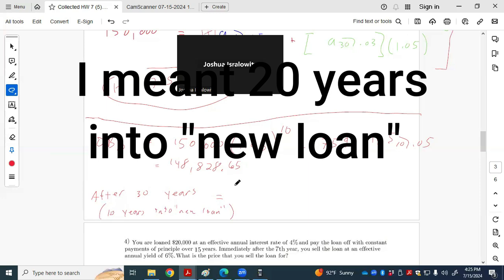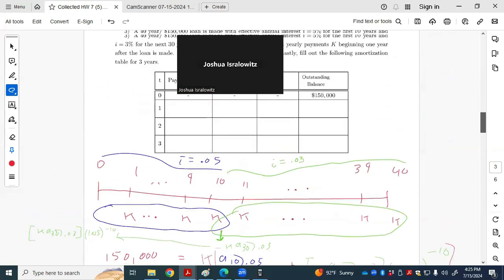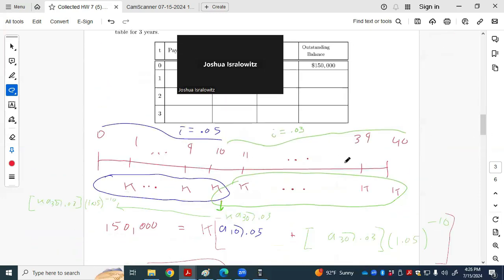All right, so after 20 years, I don't know why I said 10. It's 10 to 30. I think last year I had 20, but it's 10 to 30. 10 to 30 is 20 years.